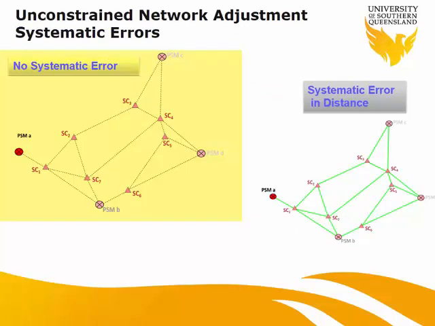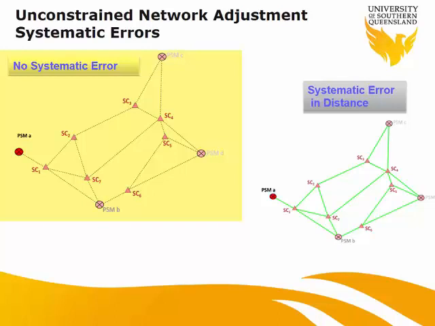So let's have a look at another example. In this example, it was the gross error. How about if we have systematic error in all of our observations, not only one? As I said, rather than having one gross error for one observation, if I have systematic error, like prism constant, for all of my distances that I have measured, then the final result of the adjustment would be the figure on the right hand side.